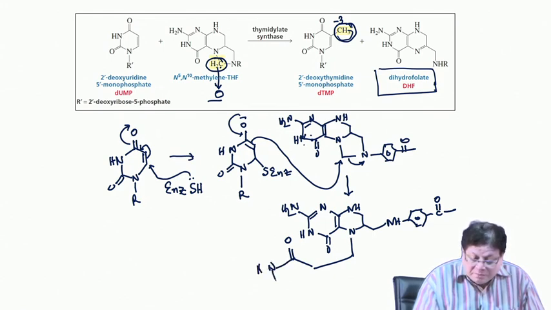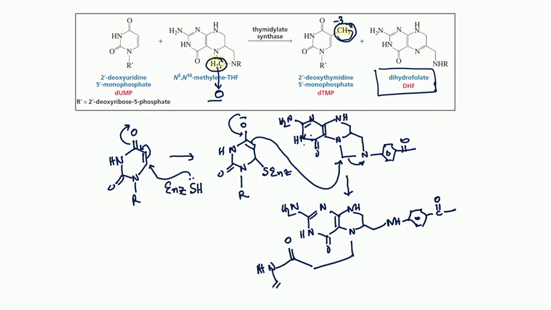NH, this is double bond O, this is N, R, and this is NR, double bond O. So, you have a hydrogen here, and your enzyme is hooked up at this position. Okay. 1, 2, 3, 4, 5, 6. So, this is the 6th position. So, at the 6th carbon, the enzyme with the help of sulfur is linked by a carbon-sulfur bond.